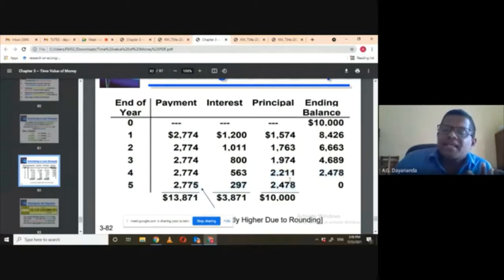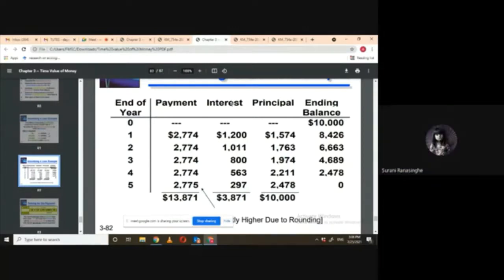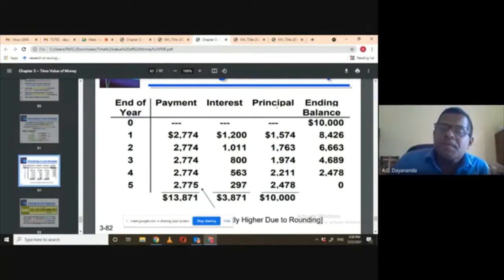That is the characteristic of the annuity method. But remember, whatever method you adopt to recover your interest and principal, your installment would remain constant over the 5 years.